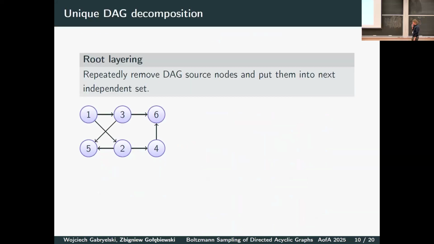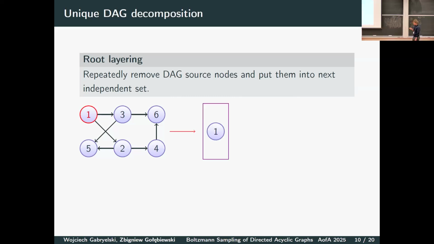So in order to avoid this problem, we have to come up with some kind of unique DAG decomposition, and this unique decomposition can be obtained pretty easily. You just repeatedly remove sources from this directed acyclic graph and put them into the next sets of disconnected vertices.